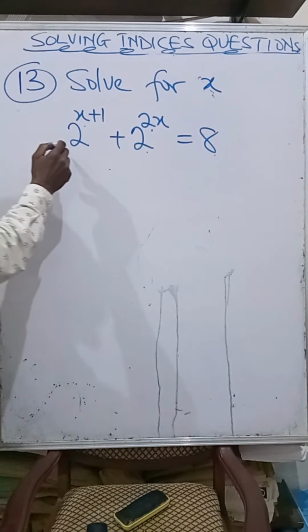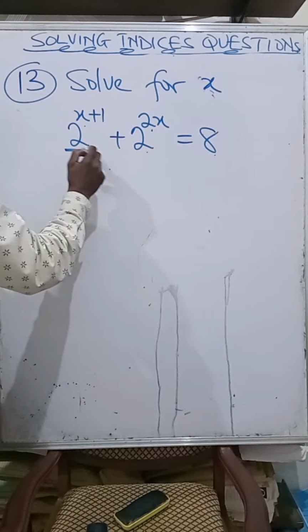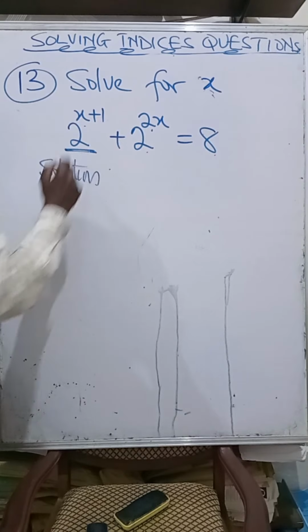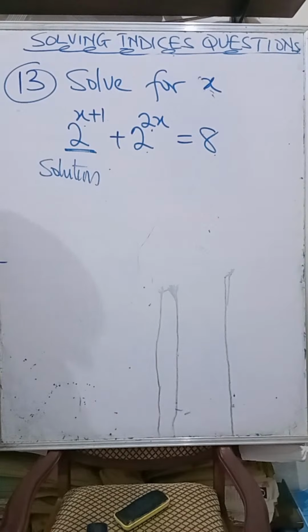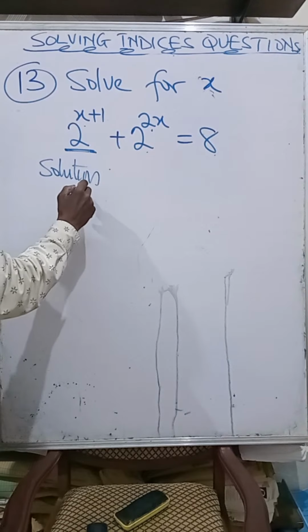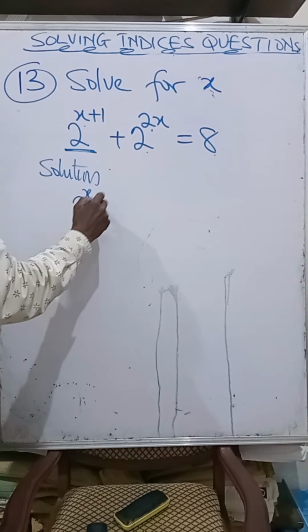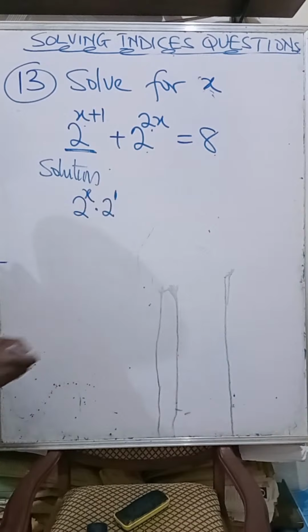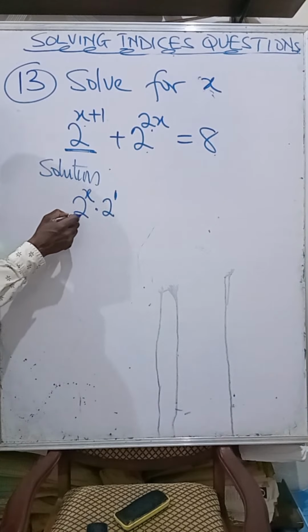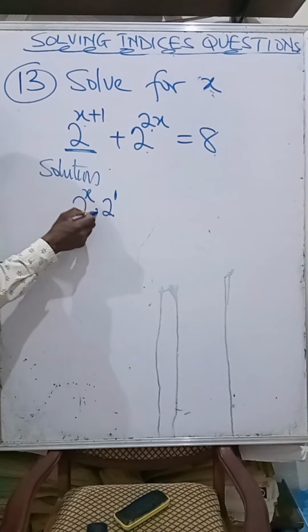What you do is interpret each of the numbers. This first one is the same as 2 to the power x times 2 to the power 1, because with base 2 you are multiplying.